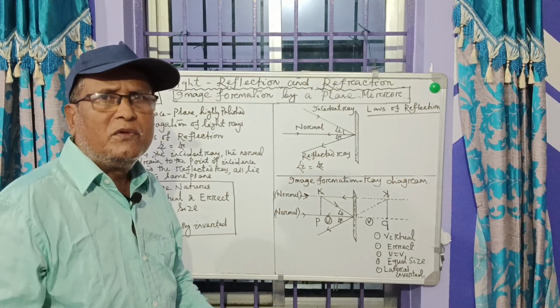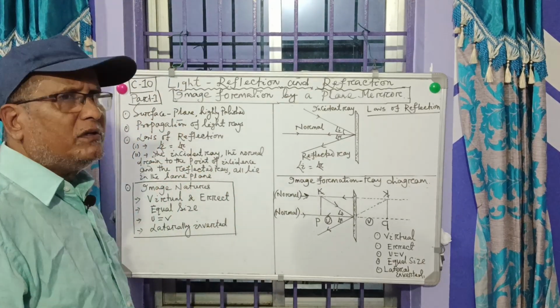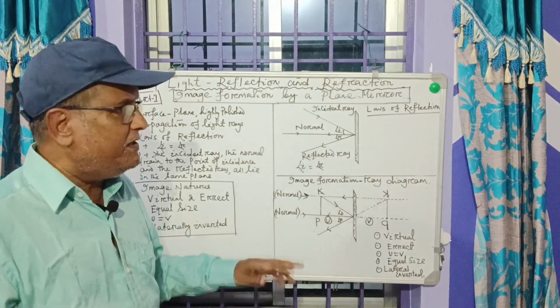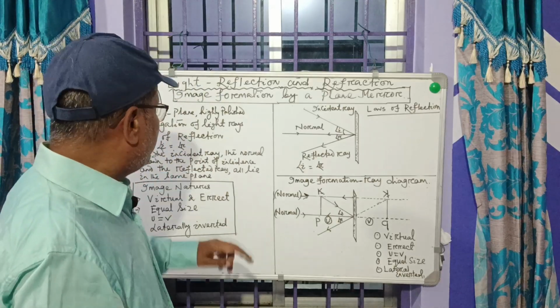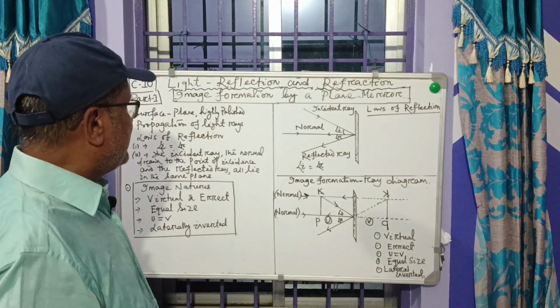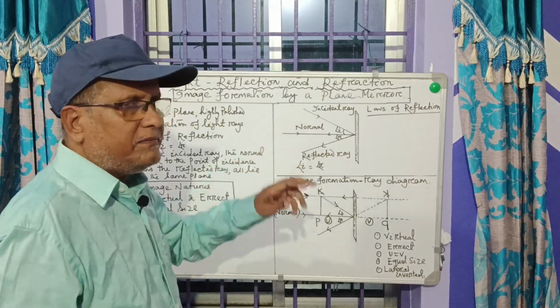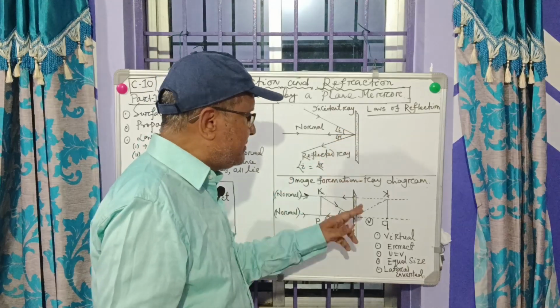So, a plane mirror follows the laws of reflection that you have already studied in your previous classes. So what are the laws? The two laws have been explained through a ray diagram. Now look at the mirror.